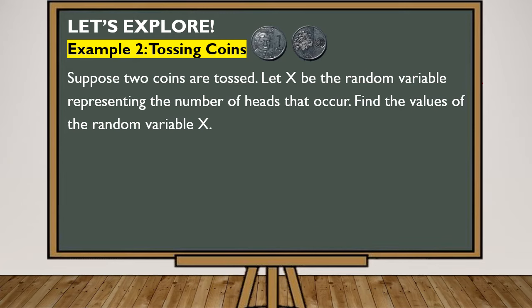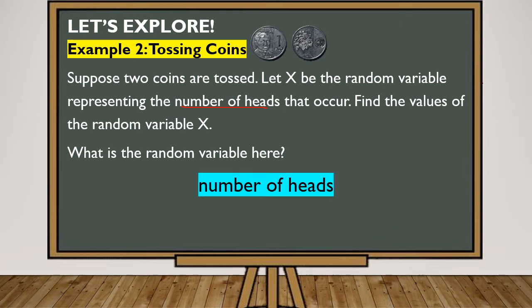So our random variable x is the number of heads. So 2 coins are tossed. Our random variable is the number of heads that occur. What are the possible values for the random variable x?